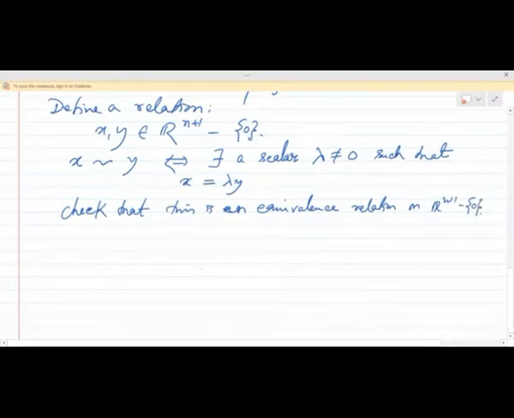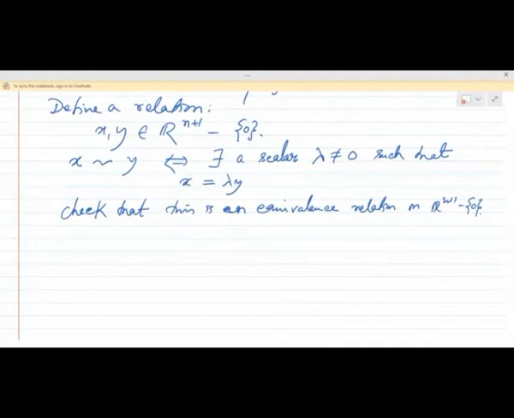As you all know, an equivalence relation will partition the set Rn plus 1 minus 0 into distinct equivalence classes.